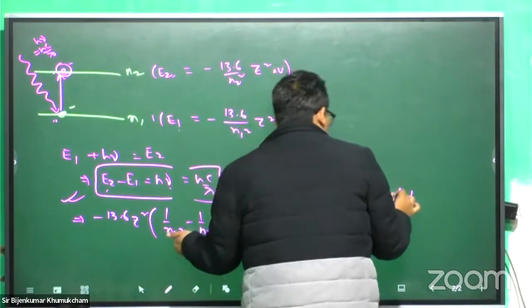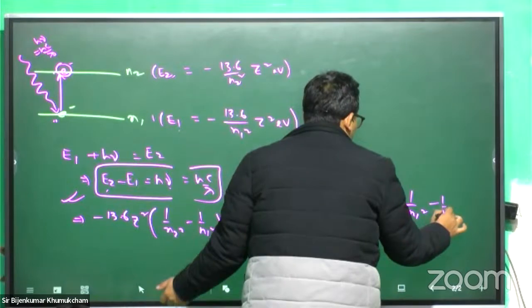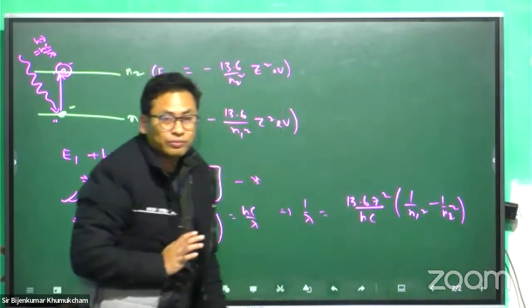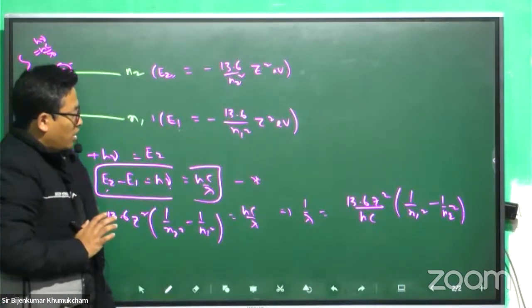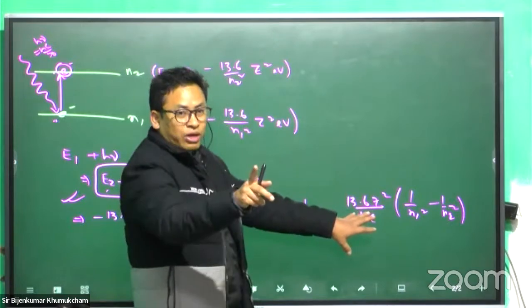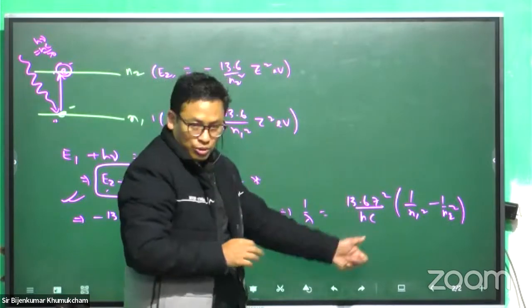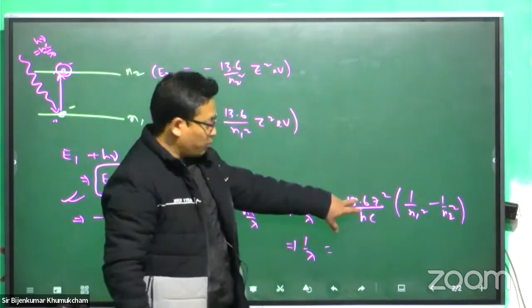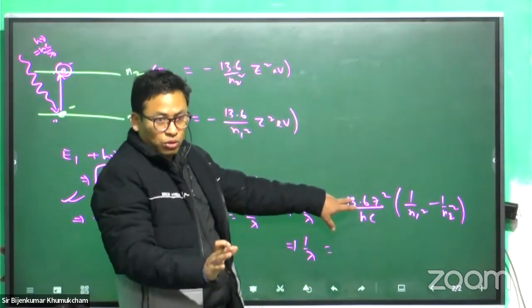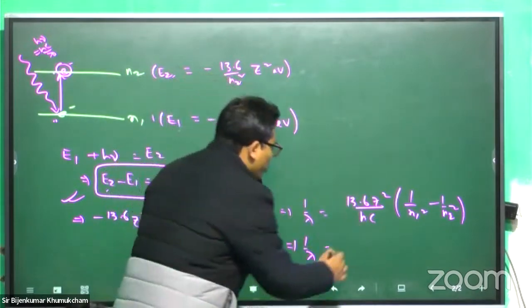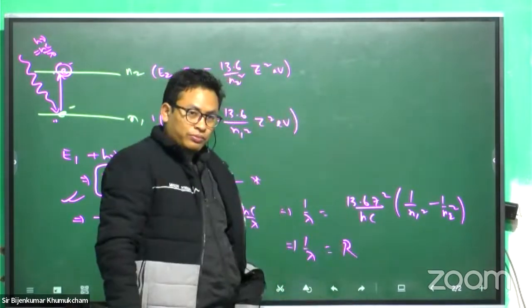So we get 1 by n1 square minus 1 by n2 square. This is the direct form in chemistry and physics: 1 by lambda equals a constant, which includes 13.6 and h c.